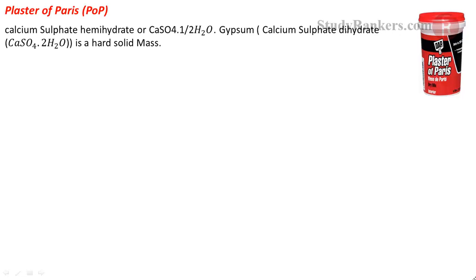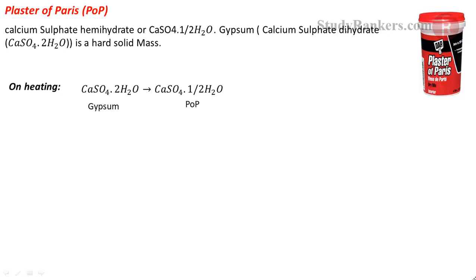Now, we will discuss a very important chemical named plaster of Paris or POP. Chemically, it is calcium sulfate hemihydrate or CaSO4.1/2H2O. Gypsum, calcium sulfate dihydrate, CaSO4.2H2O, is a hard solid mass.